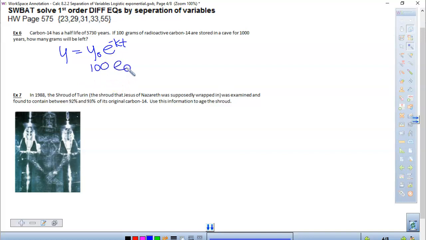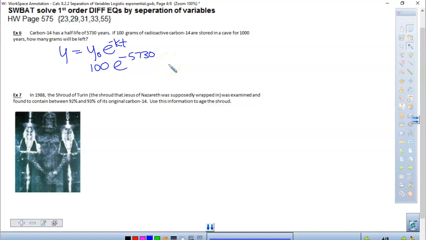And then e to the negative kt. You need to solve for k.